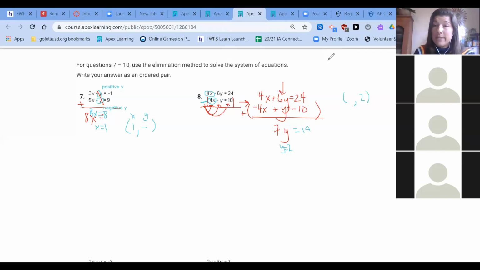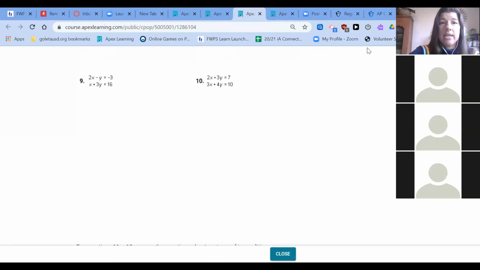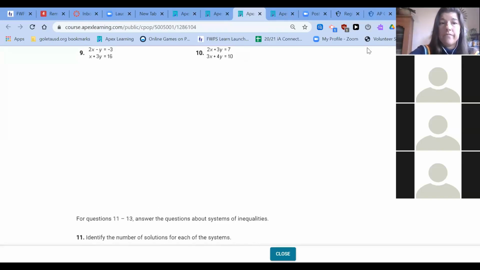So the expectation on this is that you do 9 and 10. Check your answers before you take the CST. Okay. The coordinate pair was 3, 2. Awesome. Thank you. Okay. You guys are a good team. You work really well together.